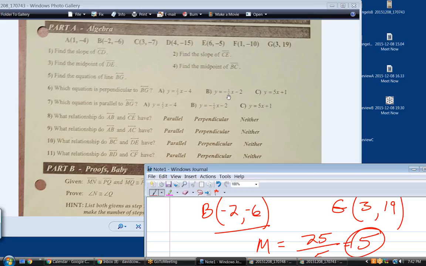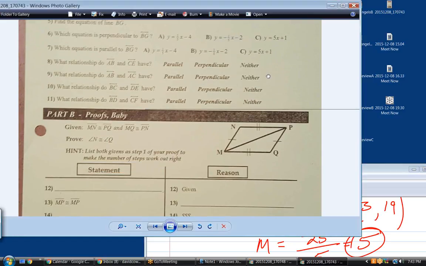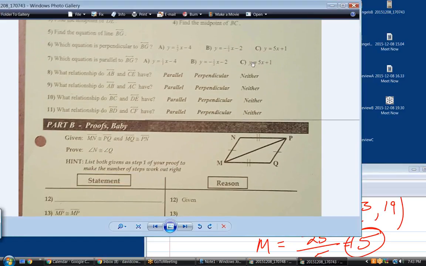If it's the negative reciprocal, you have to do 2 things to get perpendicularity. You have to not only flip the slope, make it go from 5 to 1/5, but you change its sign also. So a slope of minus 1/5 would be perpendicular to a line that has a slope of 5. And we talked about parallel. C would be parallel to BG.